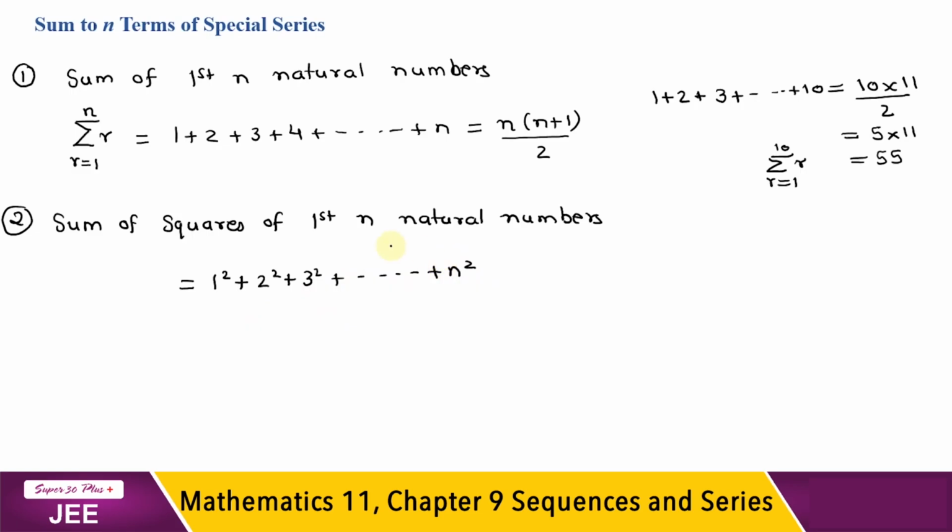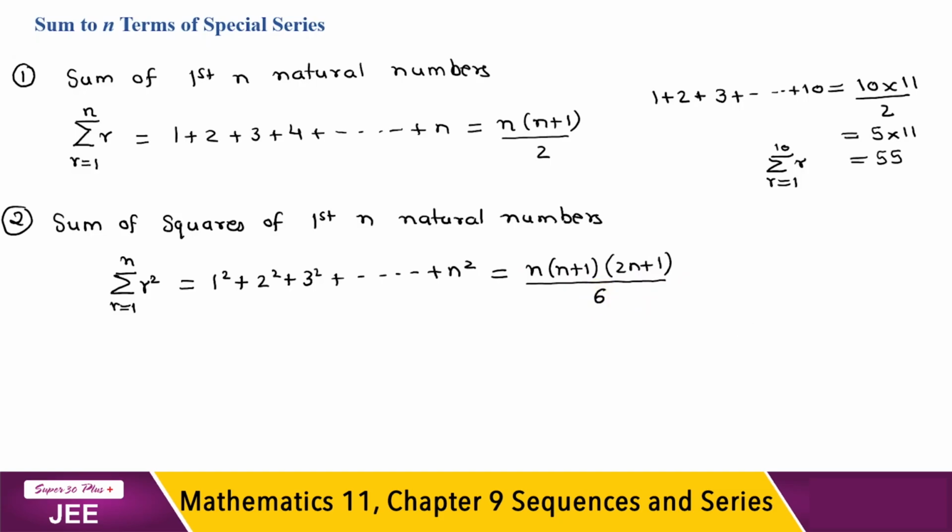This series can be written in sigma notation as sigma r square, where r is varying from 1 to n. So sigma r square is equal to this series where r lies from 1 to n, and its result is equal to n multiplied by n plus 1 multiplied by 2n plus 1, whole divided by 6.